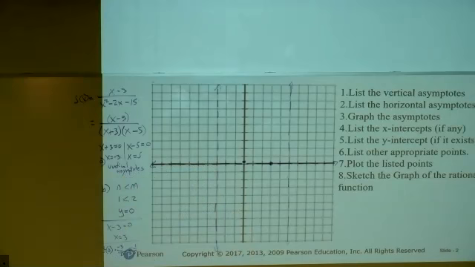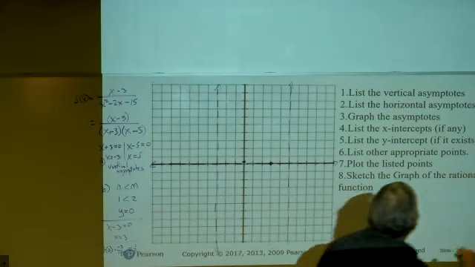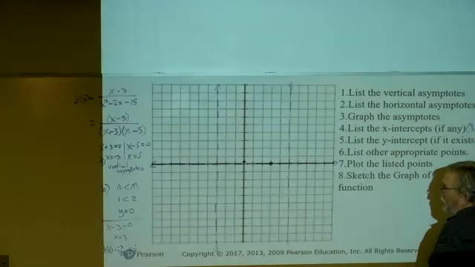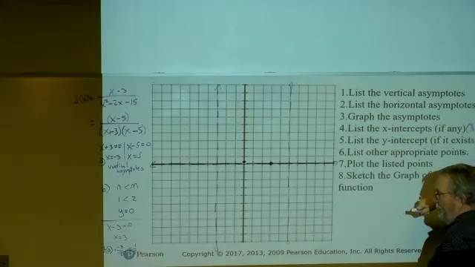Now that we have the asymptotes graphed, we have the x-intercepts. So the x-intercept is (3, 0), and the y-intercept is (0, 1/5). And now I'm going to find other points, and as I find those points, I'm going to graph them.